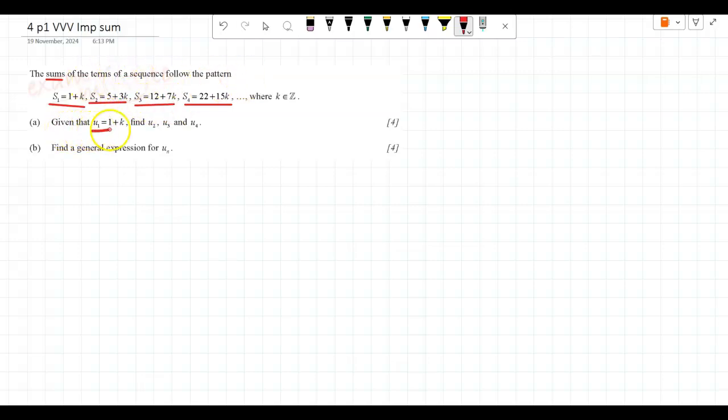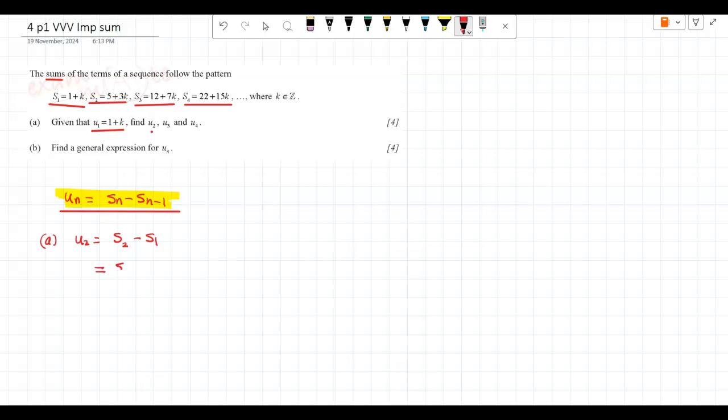Given that U1, the first term, is given, find U2. So what will U2 be? Now I've given you that formula if you remember. Your Un is equal to... this is an important formula. This is not there in your formula booklet, so you must learn this. So if you follow this formula correctly, U2 will be S2 minus S1.